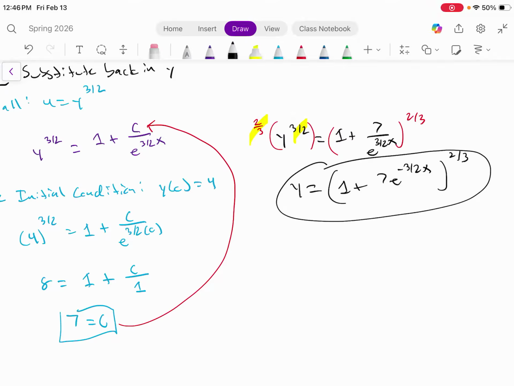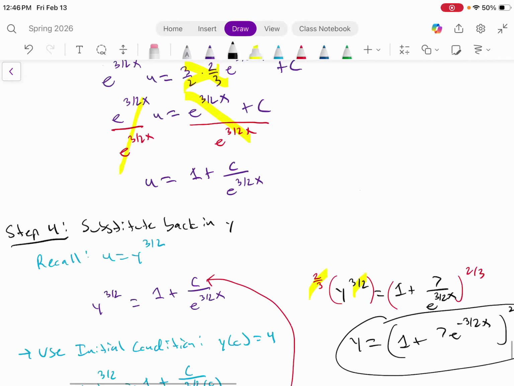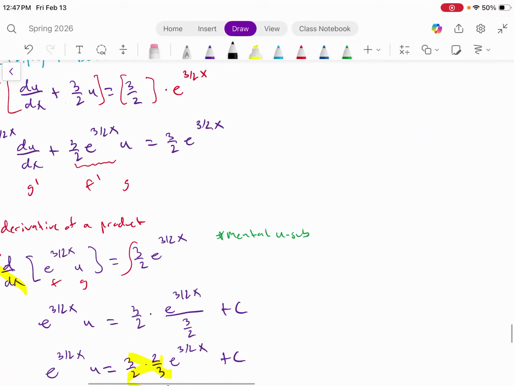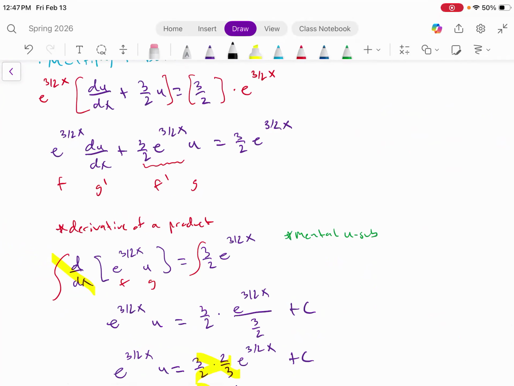Okay, so once again, Bernoulli equations take a long time to solve. We're essentially solving an equation with substitution and then with the linear method, which is long in itself. So it takes a while. Make sure you take your time. Make sure you get the right indicators, such as, in your linear equation component, you're getting a derivative of a product.